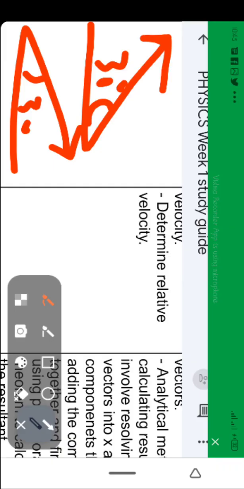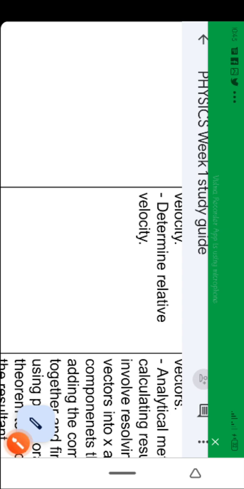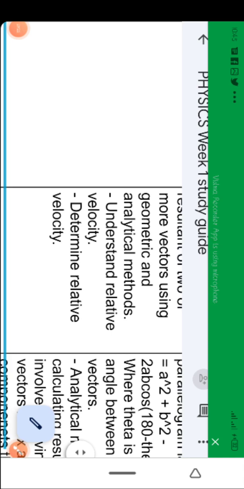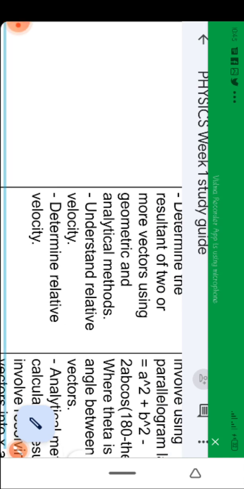Just always use the left, right, up, down signals. If it's going towards the left, it has a negative sign. If it's going towards the right, it has a positive sign. If it's going upwards, it's positive. If it's going downwards, it's negative. Just use that.